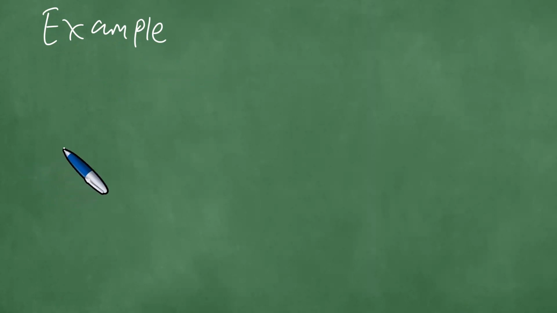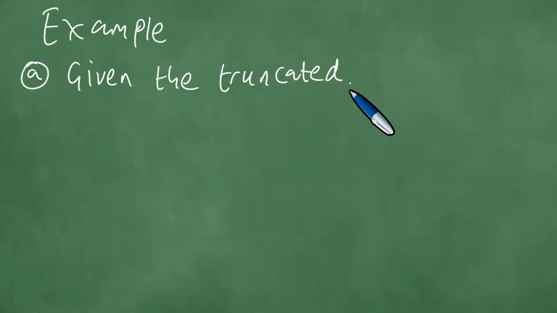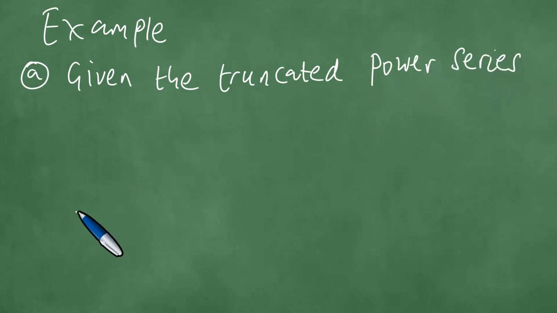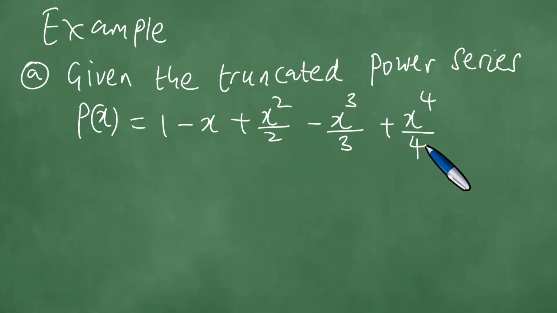Okay, so we are given the truncated power series: 1 minus x plus x squared out of 2 minus x cubed out of 3, plus x to the 4th power out of 4 minus x to the 5th power out of 5.